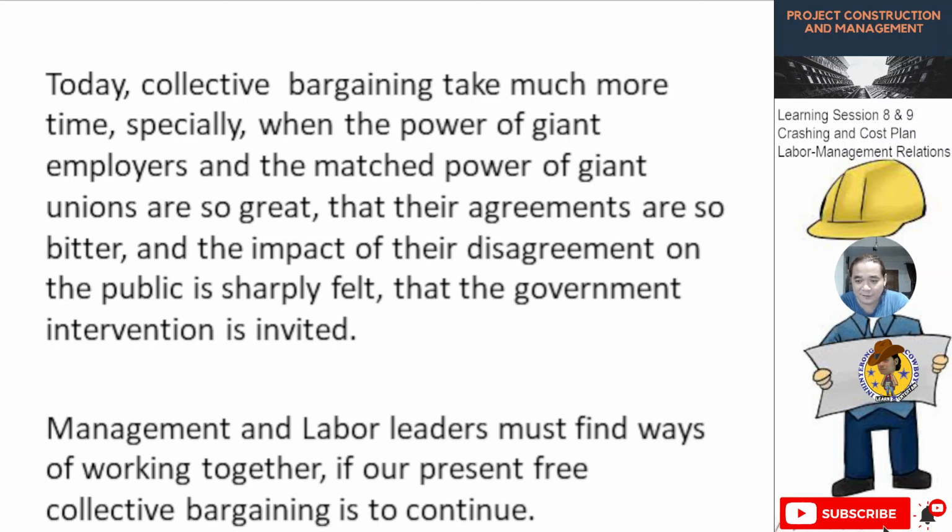Management and labor leaders must find ways of working together if our present free collective bargaining is to continue. This is very important. The management and the labor leaders must find ways of working together.